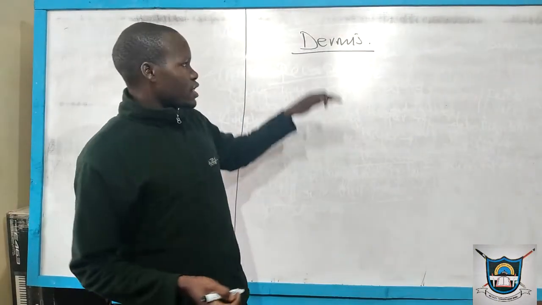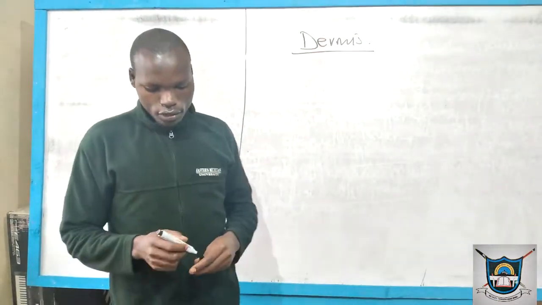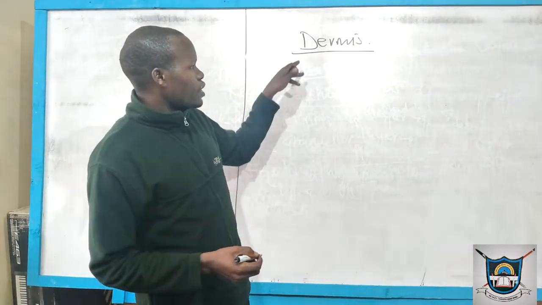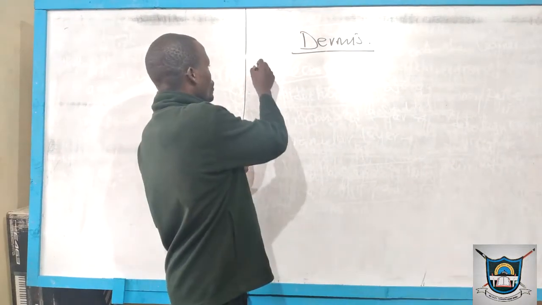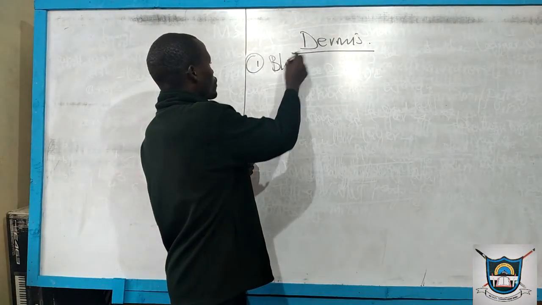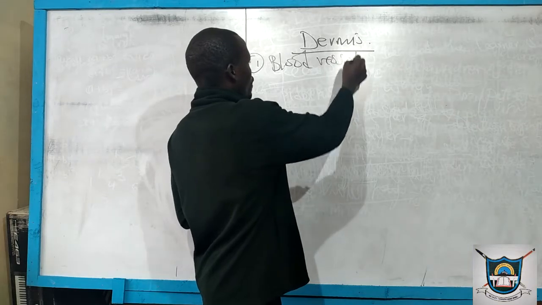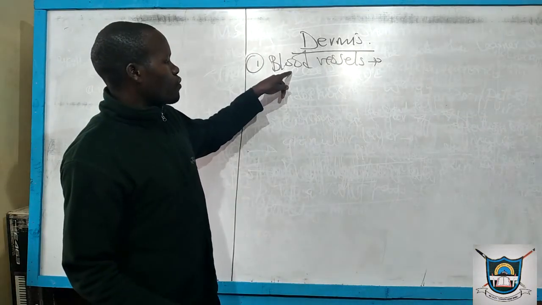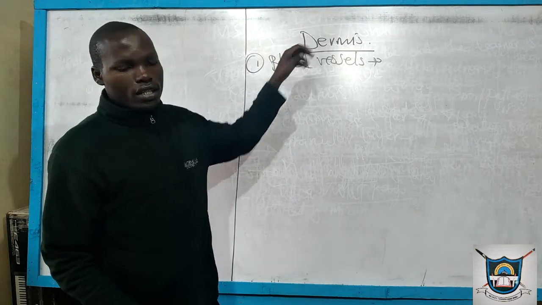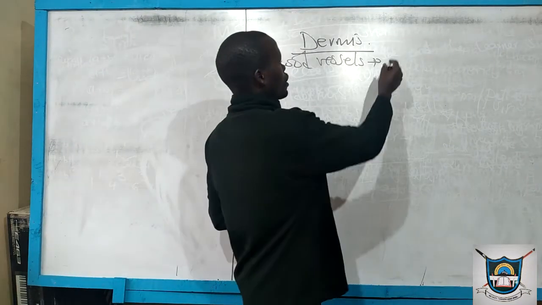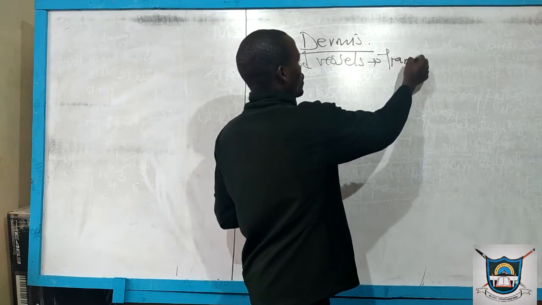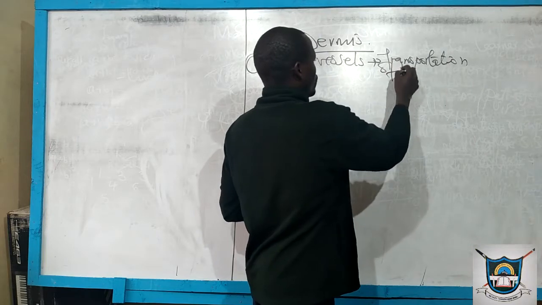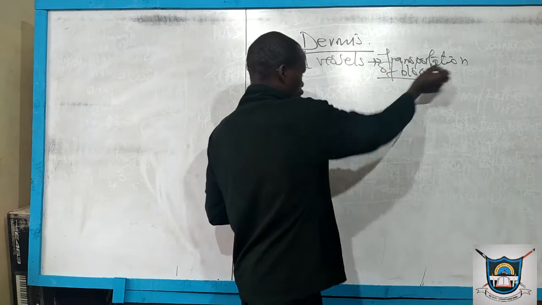The dermis is the second layer of the skin, and it has a lot of parts with various roles. For instance, the first part within the dermis is the blood vessels. The common function of the blood vessels, even if they are not within the skin, is that they aid or help in the transportation of blood.